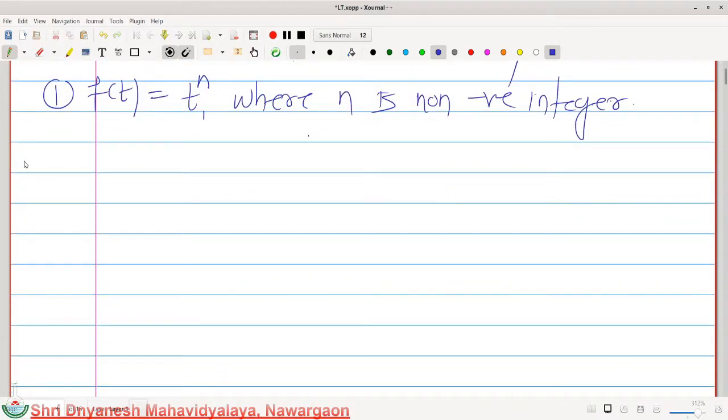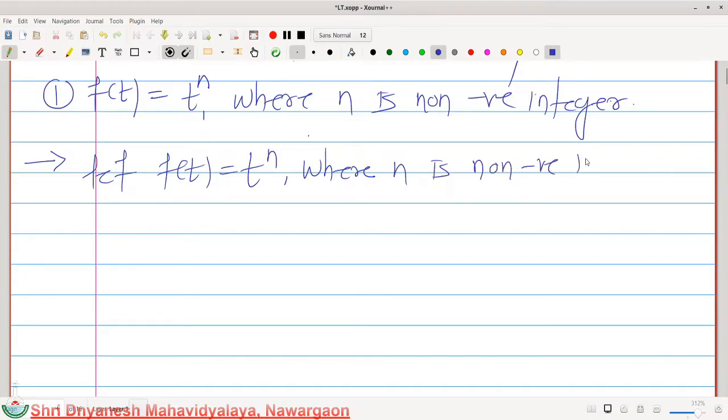We start from the given. Let f of t equals t to the power n, where n is a non-negative integer.